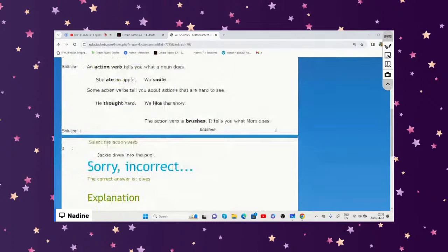And then Jackie dives into the pool. What is the action verb within that sentence?